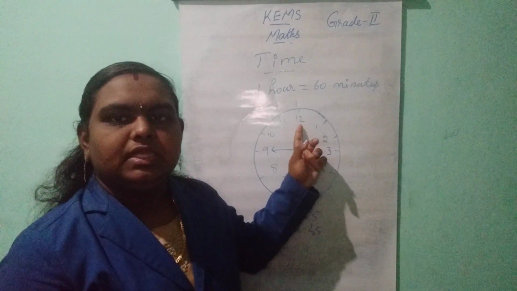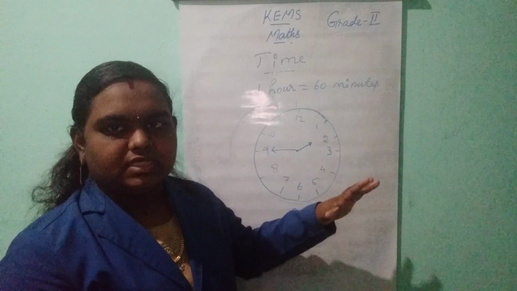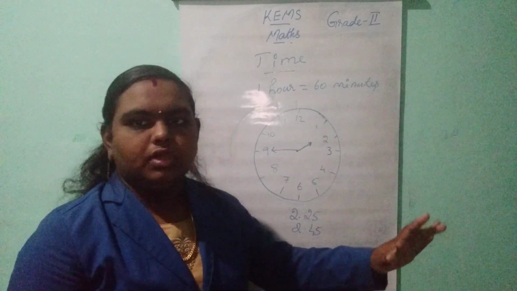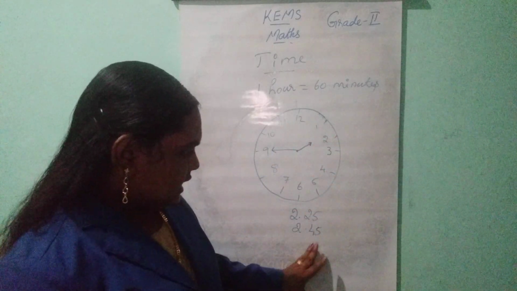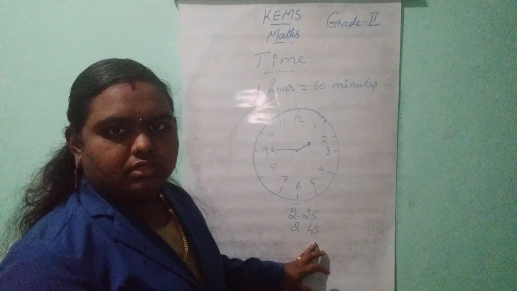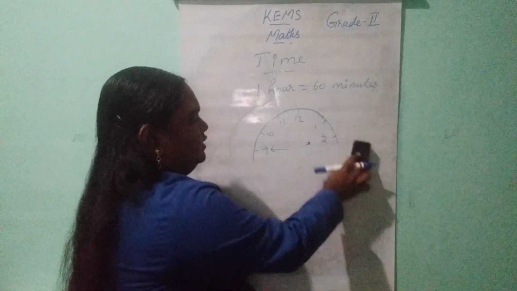If you have the number 12, that is 60, so we can just write it as 2 o'clock, 3 o'clock, 4 o'clock like that. For other numbers, you have to write the exact number. This is the time that we are learning.